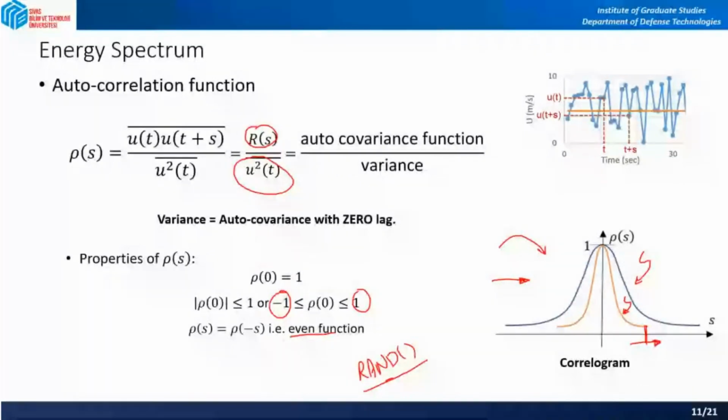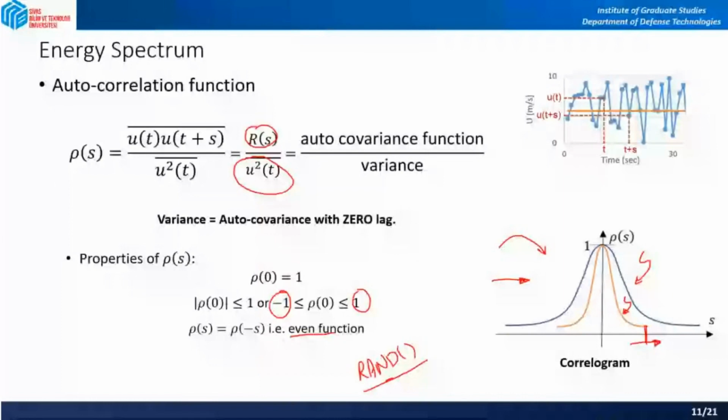So if I am somehow able to calculate these functions using the time or spatial signals that I have recorded, how do I estimate the size of the eddies? Now, this is the question.